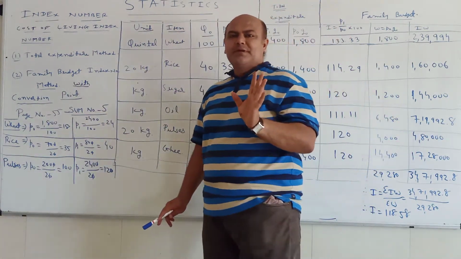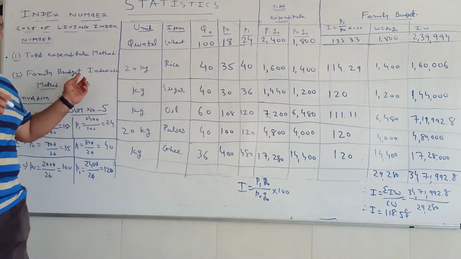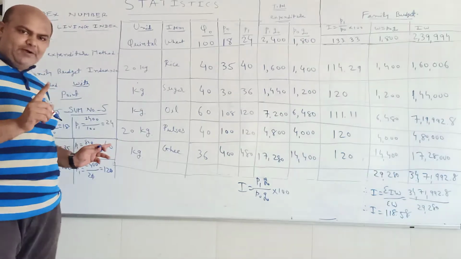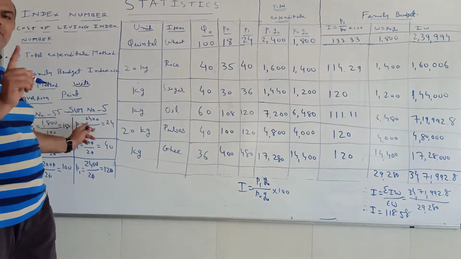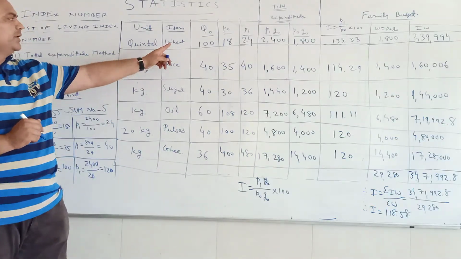So today, in this lecture, we take a sum from the exercise, page number 55, sum number 5. Textbook, page number 55, sum number 5. Here it is before you.